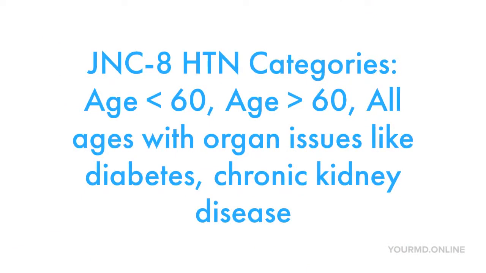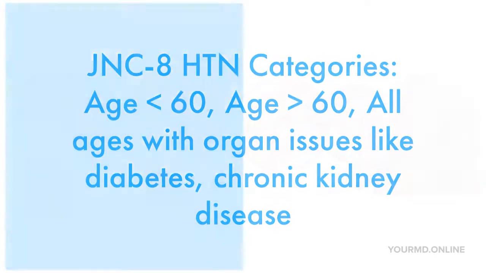The Joint National Commission 8 guidelines, which is the latest guidelines for management of high blood pressure, defines the category of patients for managing blood pressure goals to include the younger population, which is defined as age under 60, and the older population, age over 60, and patients who have organ issues like diabetes, chronic kidney disease. We'll talk about treatments later.